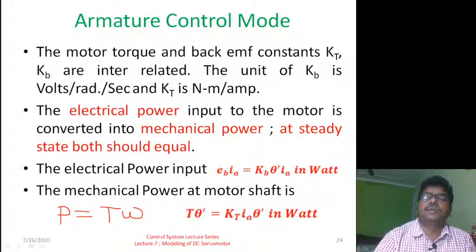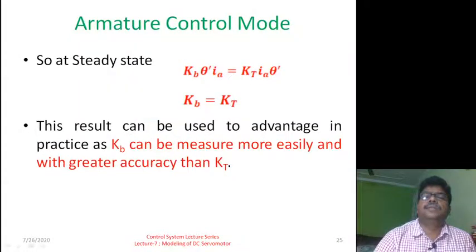So when equating these, theta dash and I_a get cancelled. So K_t will be equal to K_b, because the back EMF constant can be easily measured with greater accuracy compared to the motor torque constant.